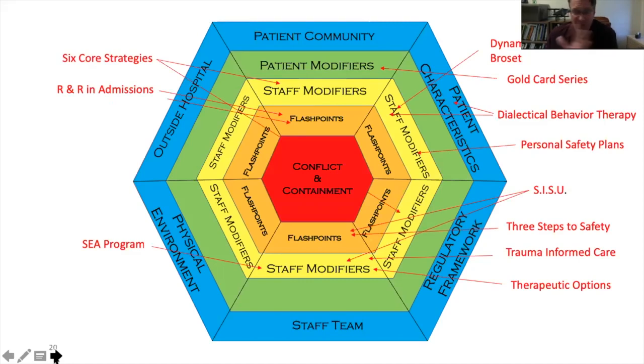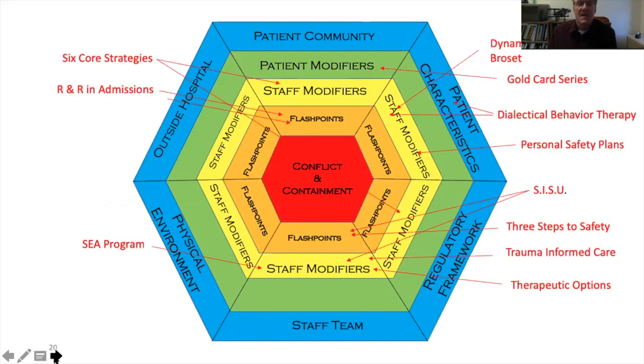Most of these programs can have more arrows, but suffice it to say that they do fit within this model. The 6 core strategies are another set of approaches to the reduction of conflict and containment, including debriefing, personal safety plans, the involvement of peers or patients in other hospital roles than just patient.